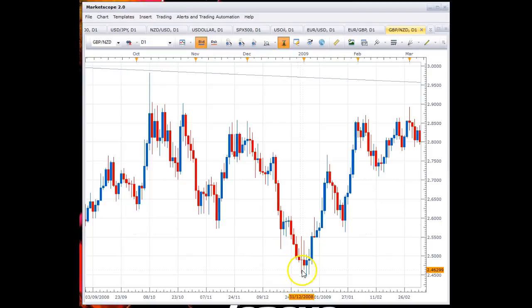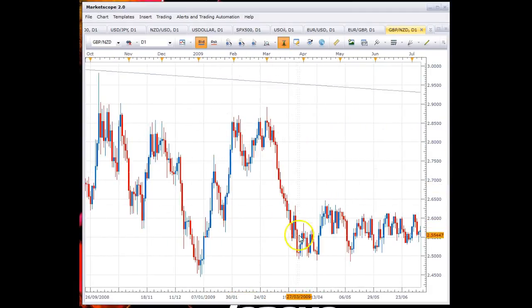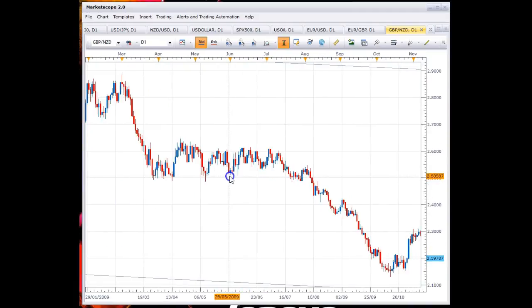Next time went down further, 2.45, all the way back up to 2.85. So there was a lot of time that it took from 2008 to 2009 to really move away from that, and then eventually we came back down, and 250 again, consolidation.